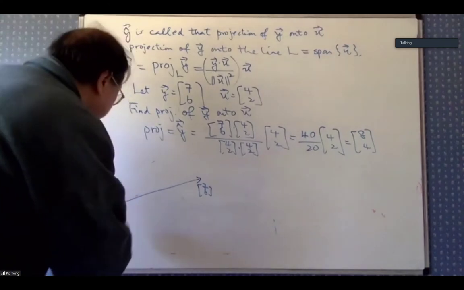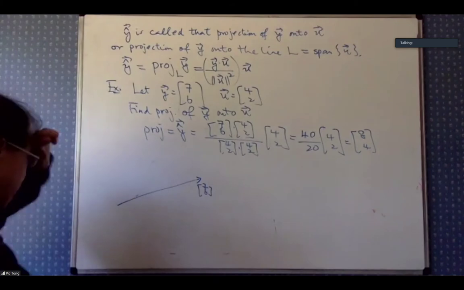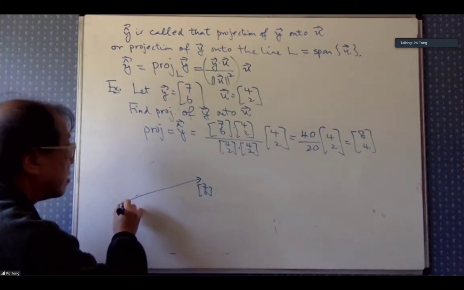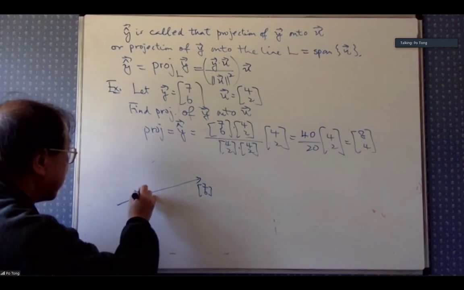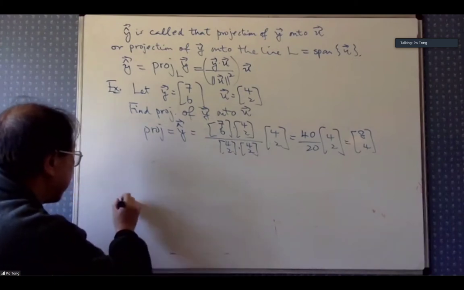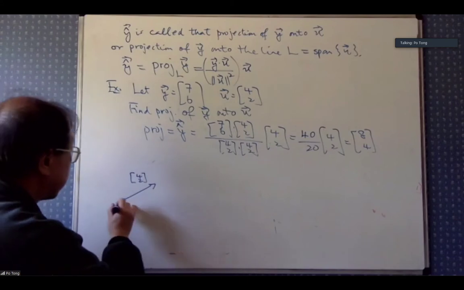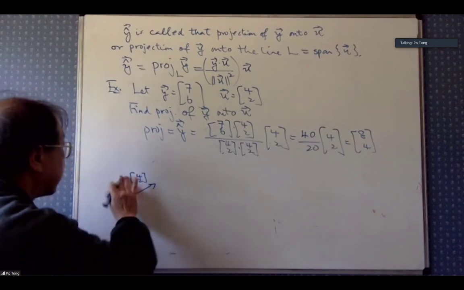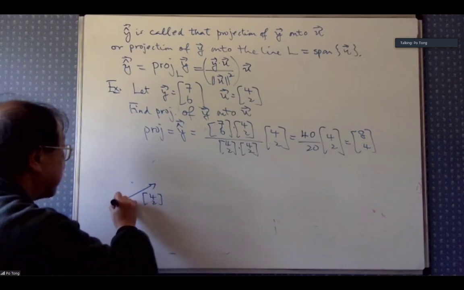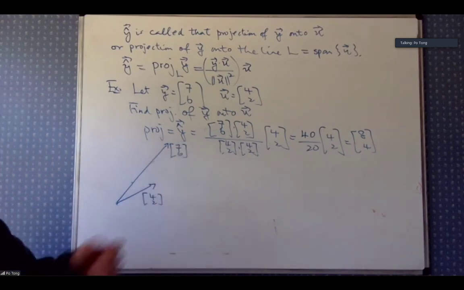Let me draw 4, 2 first then. Okay, sorry about that. This one is 4, 2. The other one is 7, 6. Oh, 7, 6 is up there. Sorry, I'm just having a little bit of difficulty.